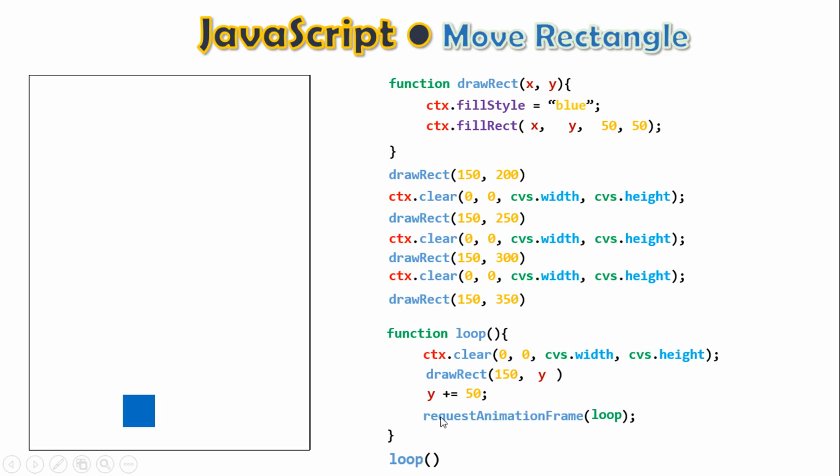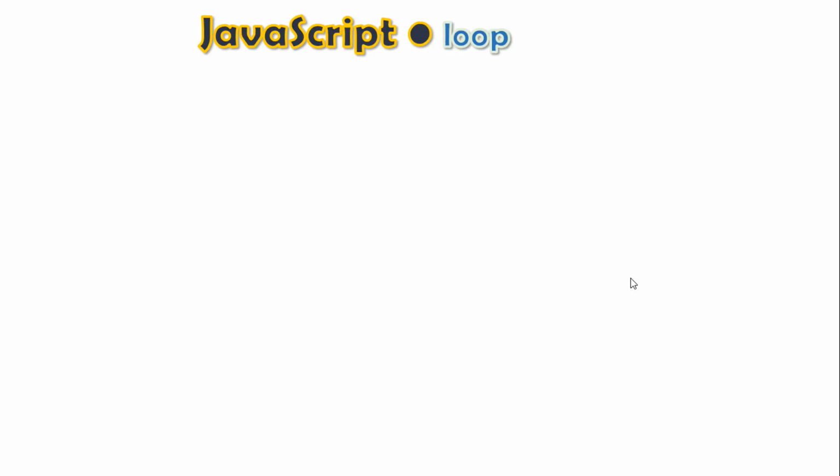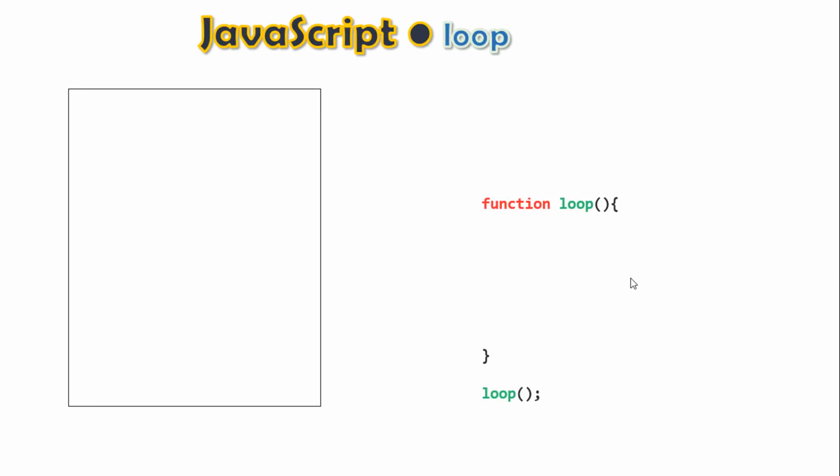And when we arrive at this line of code, requestAnimationFrame will call the loop function again, which will create a loop. For our game, we will also need a loop function that we will call just one time. The requestAnimationFrame will keep calling the loop function every time your browser is ready to render the next frame.